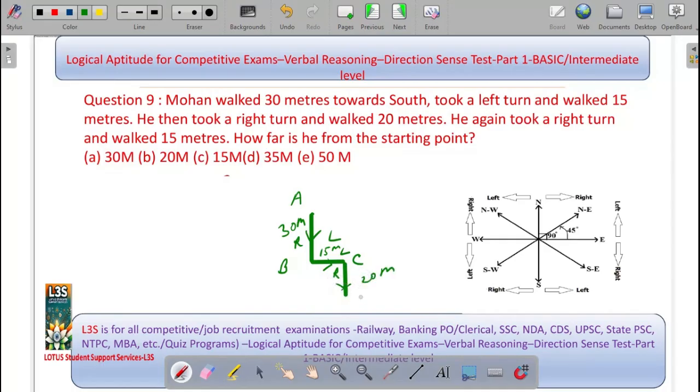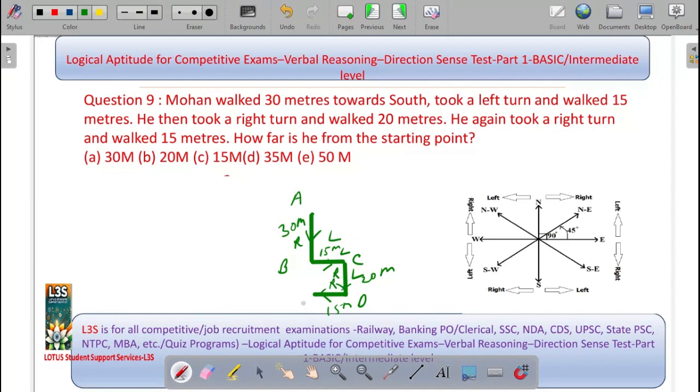And when moving from C to D, this is the right side and this is the left side. So he again took a right turn and walked 15 meters, like this.